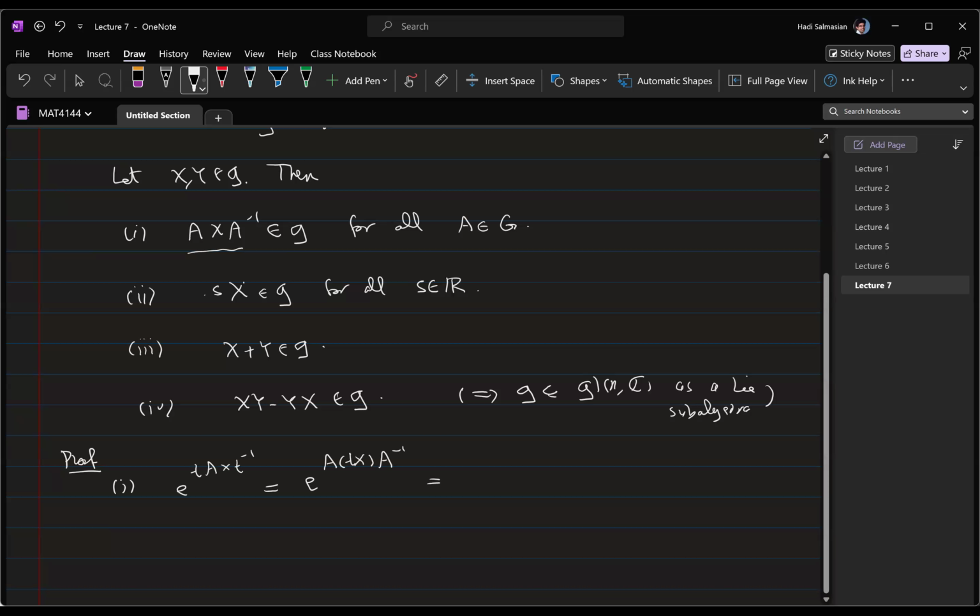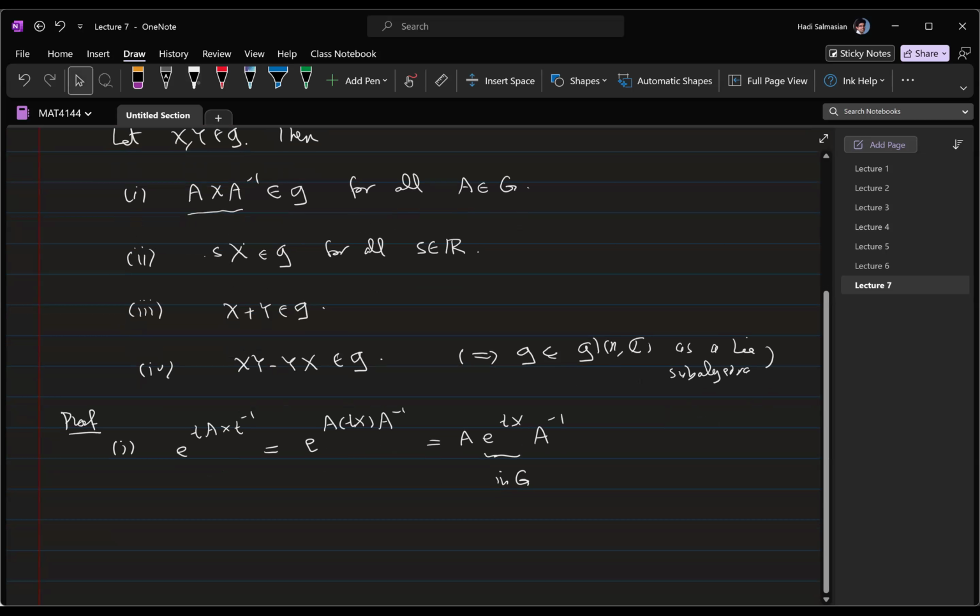And we know that if you conjugate the argument of the matrix exponential, you could bring the conjugation outside because of the power series formula. So this is A e to the tX A inverse. Now what you have is some element of G, conjugated by A. Conjugation by G of elements of G will still produce elements of G. And this is true for all t.